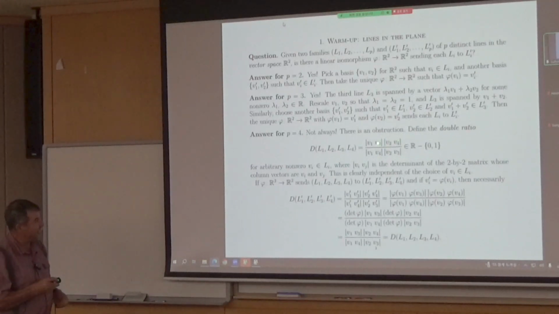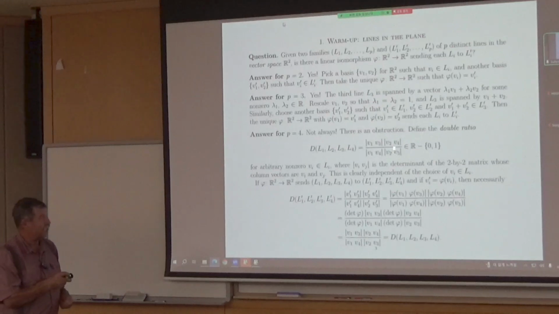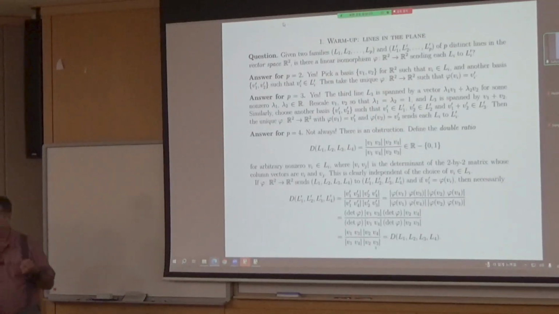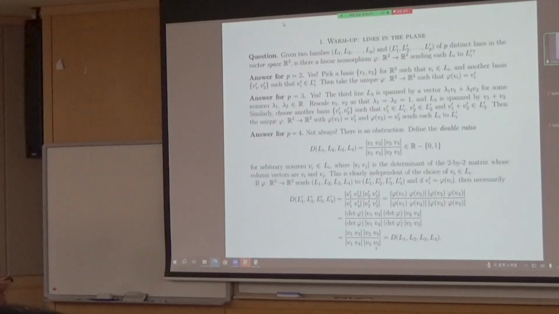But if I replace V3 by 75 V3, then the top gets multiplied by 75, but the bottom also gets multiplied by 75, and so the ratio is the same. So this is uniquely determined.